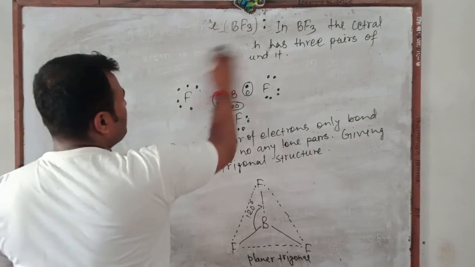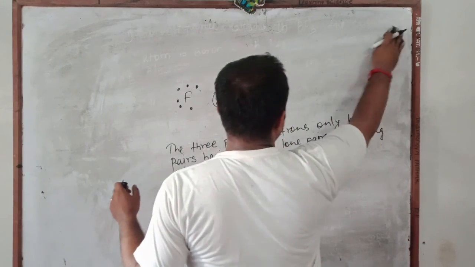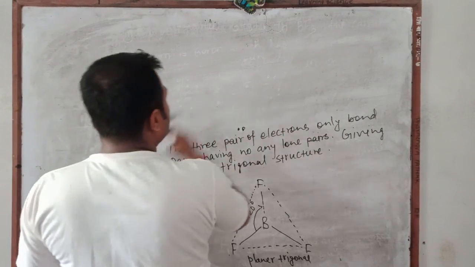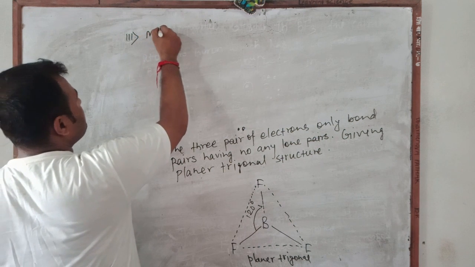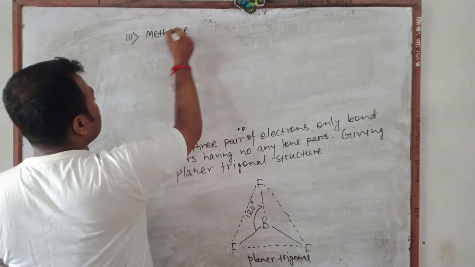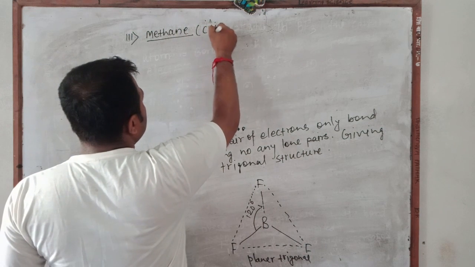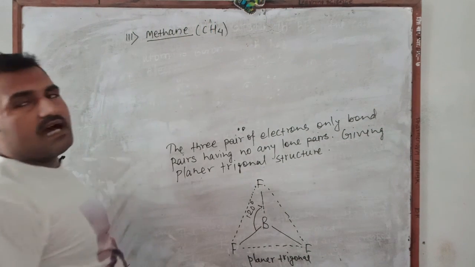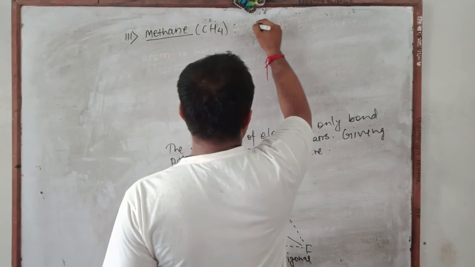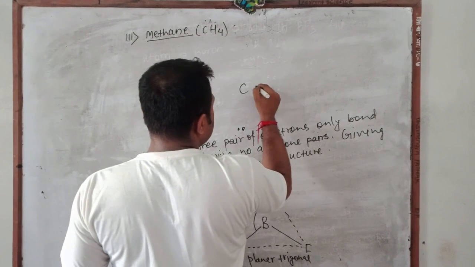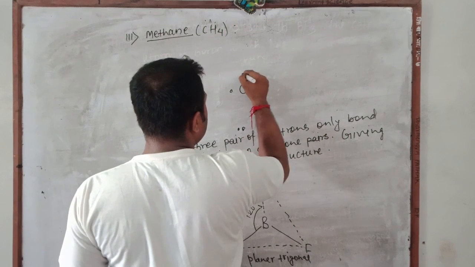Similarly, VSEPR theory explained the structure of methane. In methane, we found that the central atom is carbon and surrounded by 4 hydrogen atoms. And here we draw the structure of methane like that.